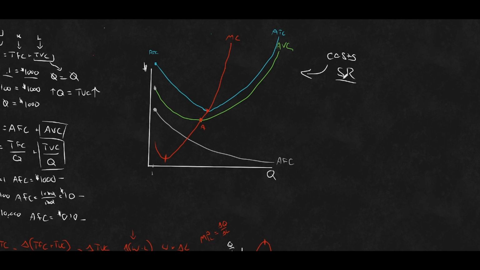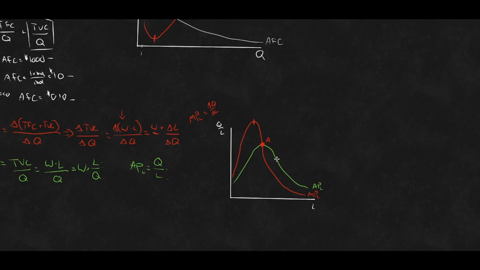The defining feature of the short run is that our capital is fixed. We cannot, in a short run period, acquire or get rid of some amount of capital. And this is one of our defining features as to why we have, to a degree, these diminishing products of labor and diminishing marginal product of labor, because we have that fixed amount of capital.